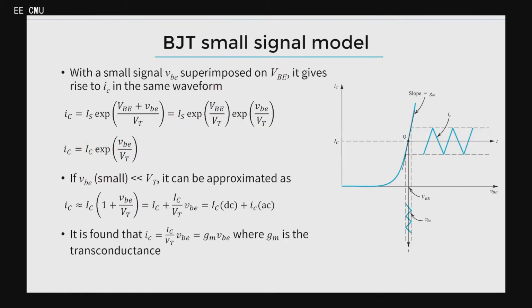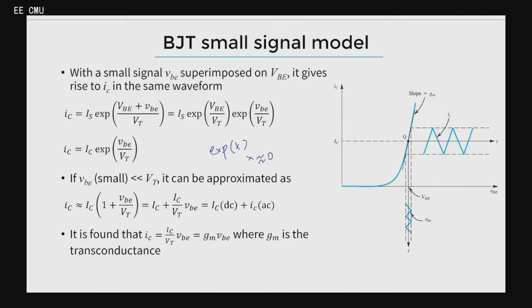And we say that this VBE value must be very small. If it is much smaller than VT, the exponential equation can be expanded like this. For the exponential of x, if x is very close to 0, which really means a very small value, right?